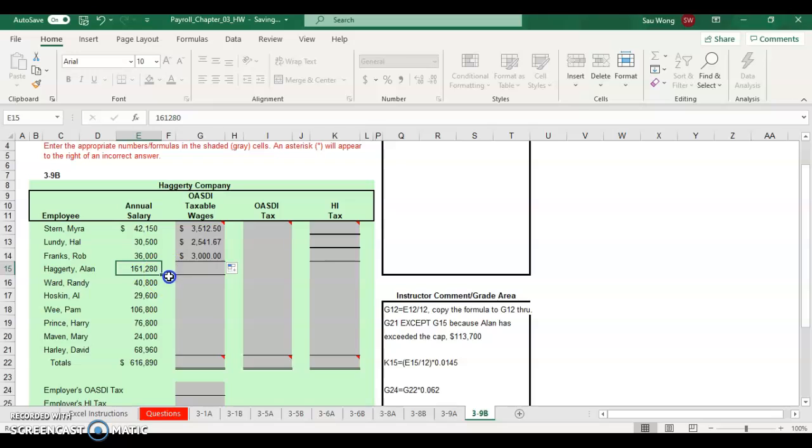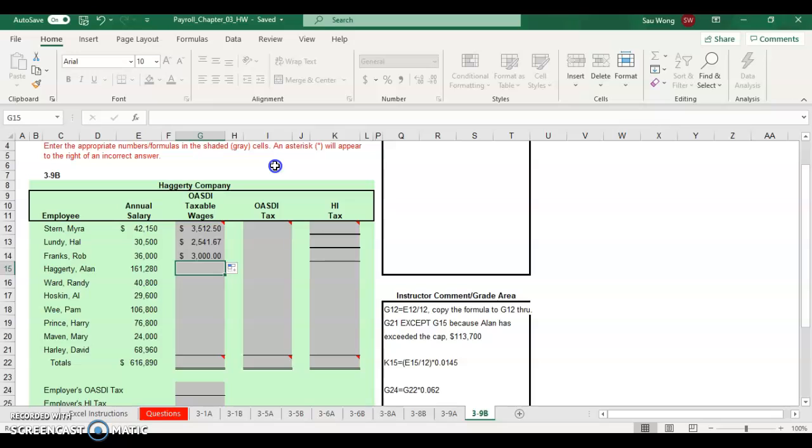Because on G15, Alan, for his annual salary $161,280, is already exceeding the cap of 113,700. So he does not need to pay.